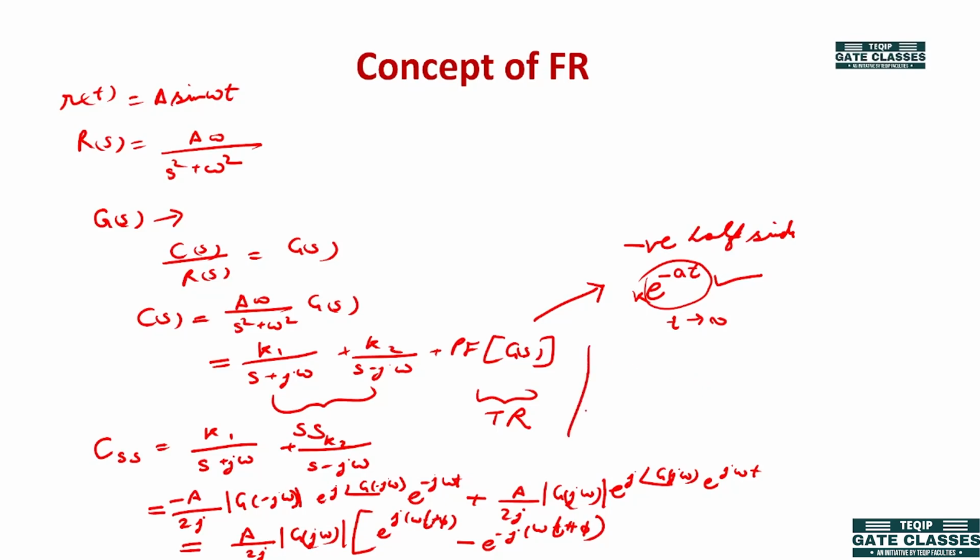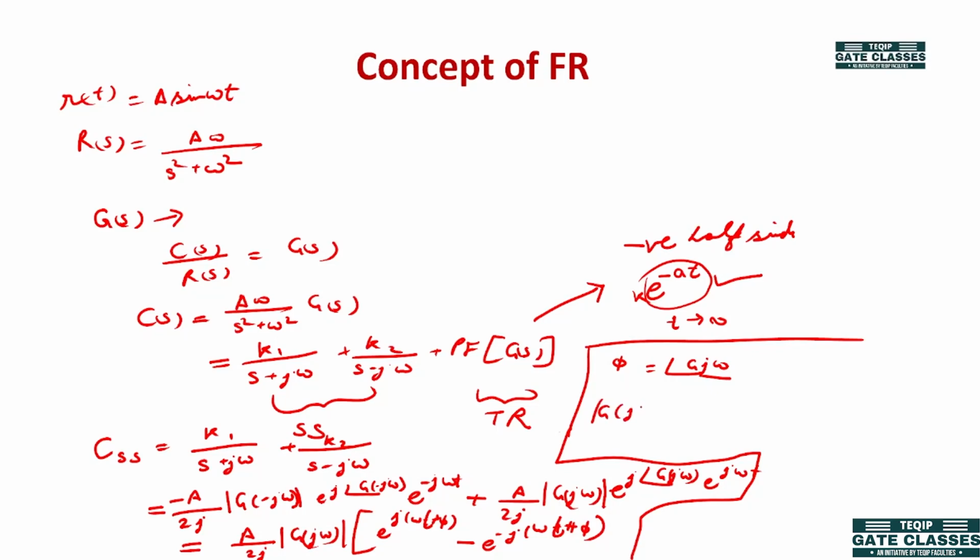Where phi is equal to angle G(j omega), and we know the magnitude G(j omega) is equal to magnitude of G(minus j omega), so both the magnitudes are the same.